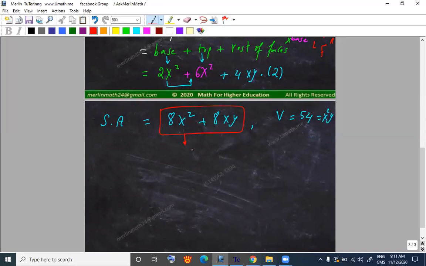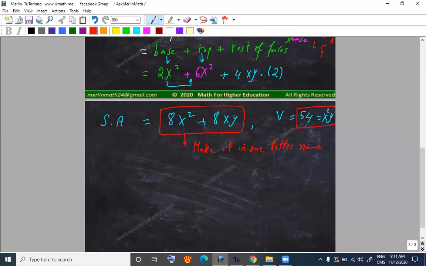So we change it to one letter name. It is a must. Now you can choose all in x or all in y. How can you decide, by the way? You want to get x in terms of y or y in terms of x, so you jump to the volume relation.